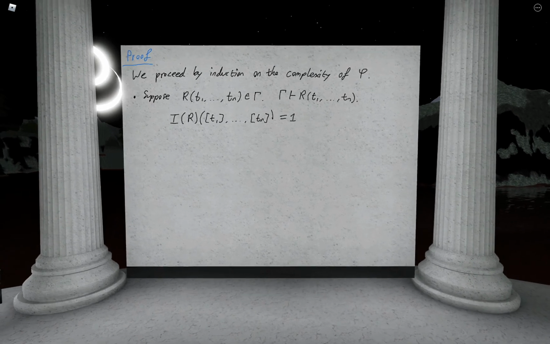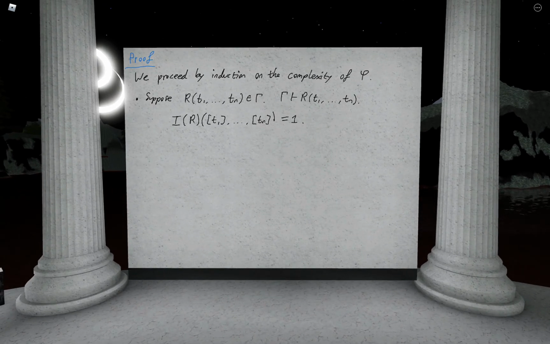All right, now what I want to show is that I makes R of t1 up to tn true, which is not quite the same as this, but I'll show it's equivalent. So what I need first is this observation: let v be any valuation.